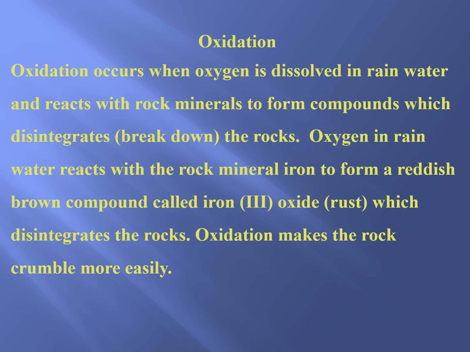Now class, I'm sure some of you may have experienced this, where you probably stepped on a rock or even picked up a rock and broke it with your own bare hands. Why? Because the rock is weak, and it's usually during the oxidation process that the rock becomes very weak.